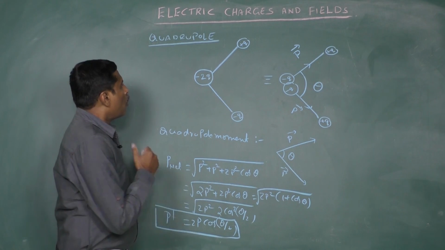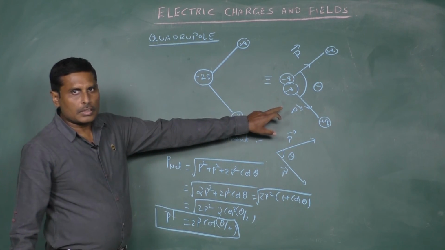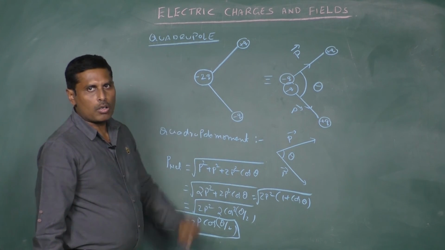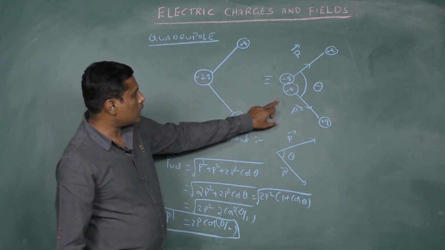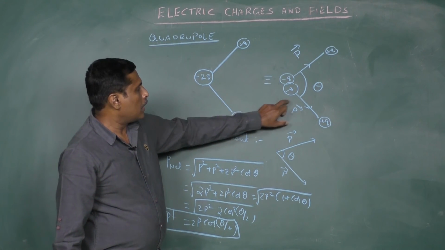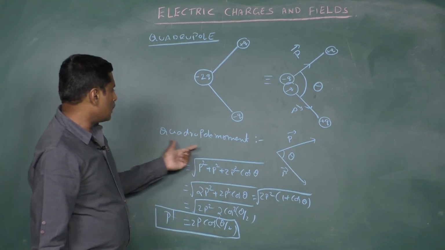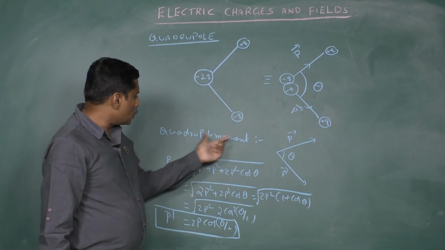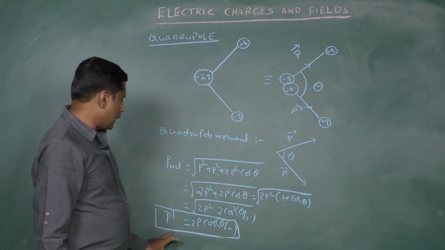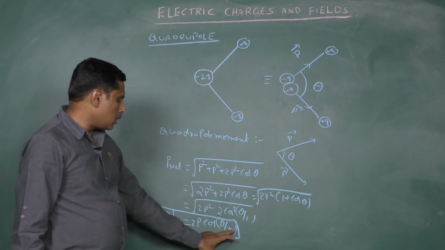This is about the quadrupole. Quadrupole means a system consisting of two dipoles. Here in this diagram there are two dipoles with equal magnitude making an angle theta. This is the effective dipole moment, also called the quadrupole moment, P dash is equal to 2P into cos theta by 2.